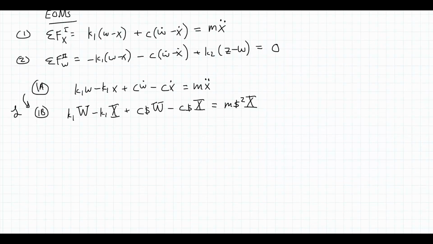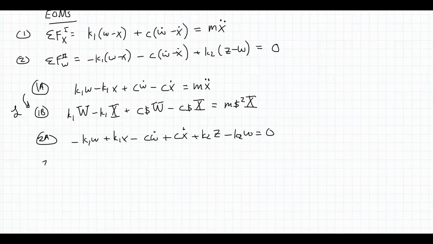Now I'll move on to equation 2, which I will first rewrite as 2a by doing that same distribution of the constants, so negative k1 w plus k1 x minus c w dot plus c x dot plus k2 z minus k2 w equals 0. And as with the previous one, I'm going to do a Laplace transform of both sides.